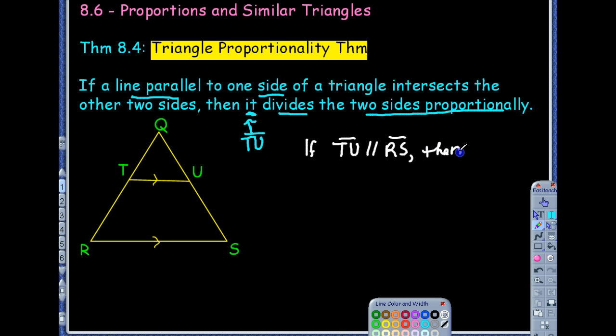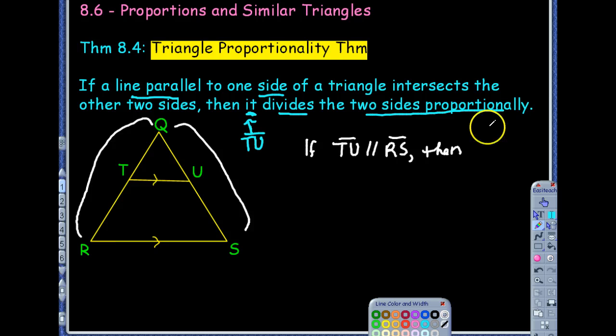So I'm guessing that it's dividing QR and QS proportionally. Notice that segment TU intersects both of those sides at points T and U. So it's dividing those whole sides into two segments that are proportional to the other sides.